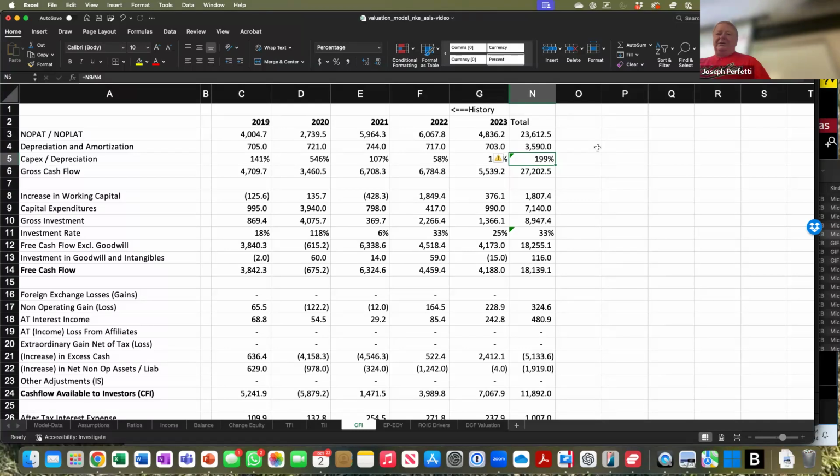So over 5 years, Nike's ratio was 200% CapEx to depreciation. That suggests that Nike expected to grow over the last 5 years. They spent twice as much in capital expenditures as was being depreciated. But in the short term, it's a very important signal. In 2023, Nike's ratio of CapEx to depreciation was 141.